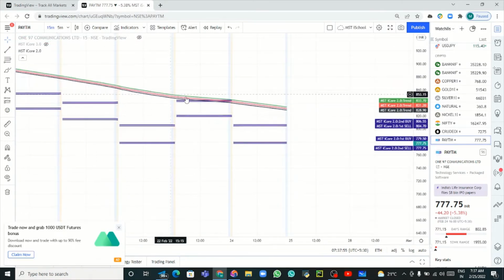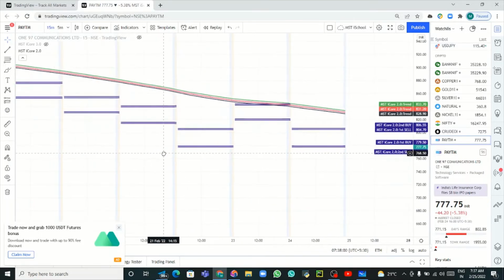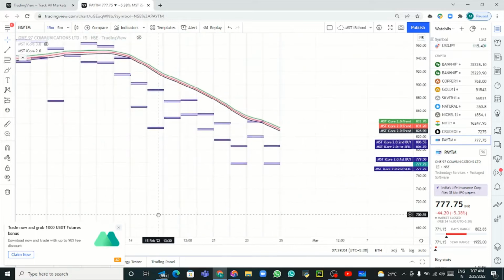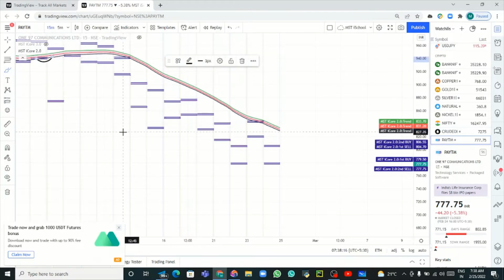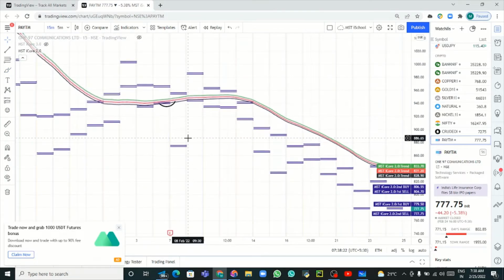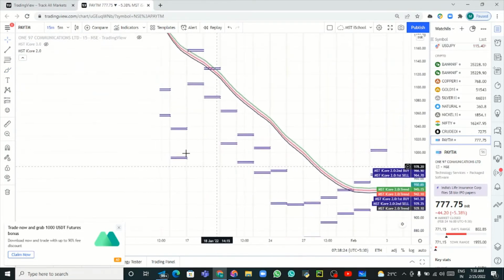Whenever these lines are above the candlestick, it means that the market is in sell trend. So you can see very clearly, with the naked eye, on a naked chart. See, PAYTM has lost its buying strength at this place. So from 937 it is in sell trend, not in 937.